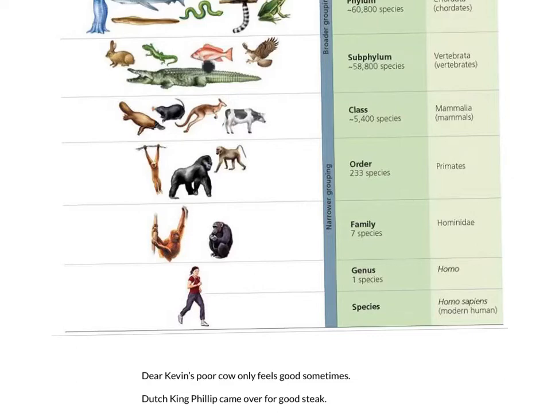So the 2 things that get used when naming a creature are these last 2, the genus and the species. So we're Homo sapiens, dolphins are Tursiops truncatus, a cat is Felis catus. So that's where that all comes from. It's based upon Latin, I believe.